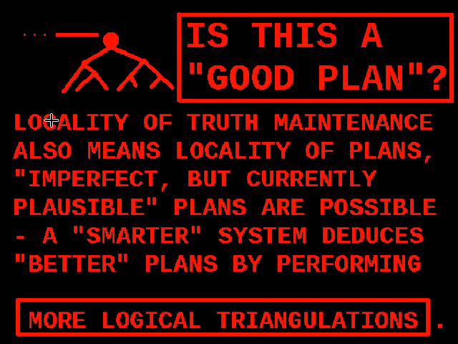You can say that according to the patterns currently observed, this looks plausible, and a smarter system is going to look at more things, thereby performing more logical triangulations in order to determine the plausibility of some plan, of the continuation of the present into the future.